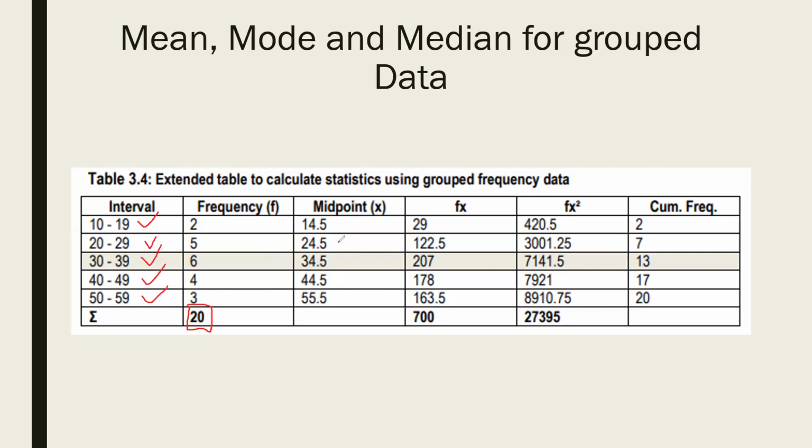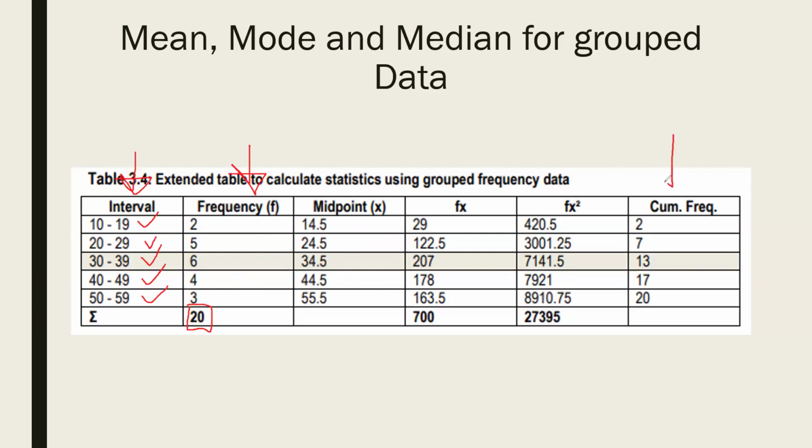Now the midpoint. How do you calculate? So now this is the full table. Last week we only talked about this column and this column, when we said this is what is called a frequency table.